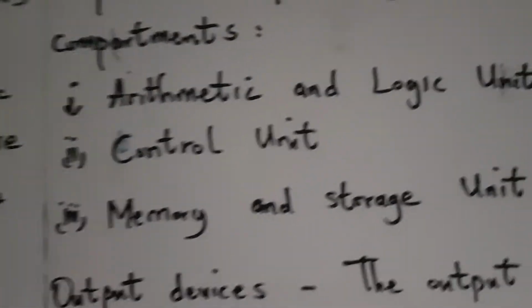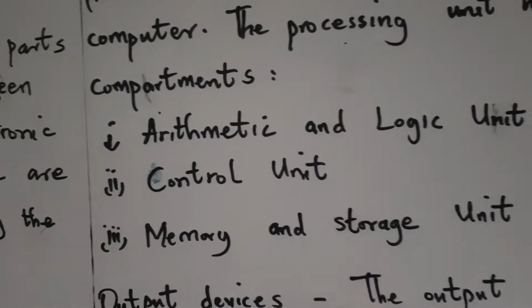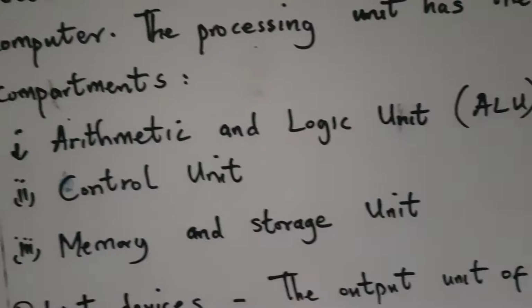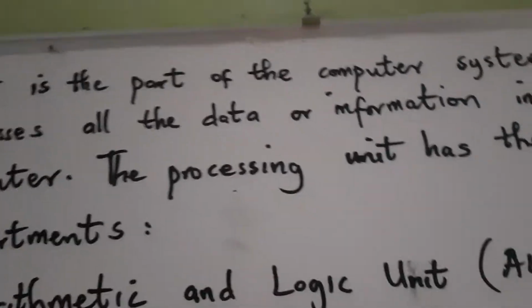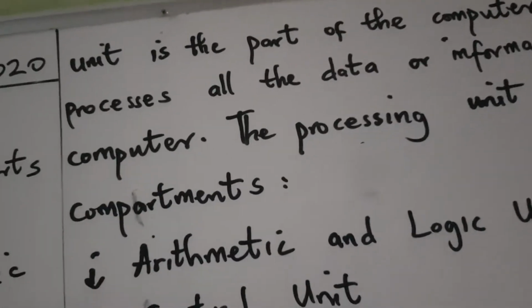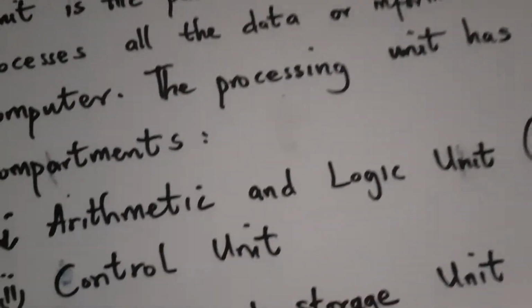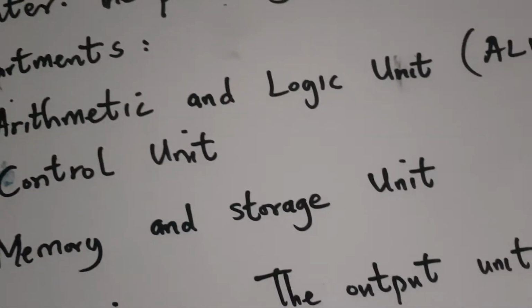The arithmetic and logic units has the job of helping you carry out every calculation done in the system. Every calculation or operation that is done or carried out by the system is done by the arithmetic and logical units. From the addition, subtraction, division, and multiplication.